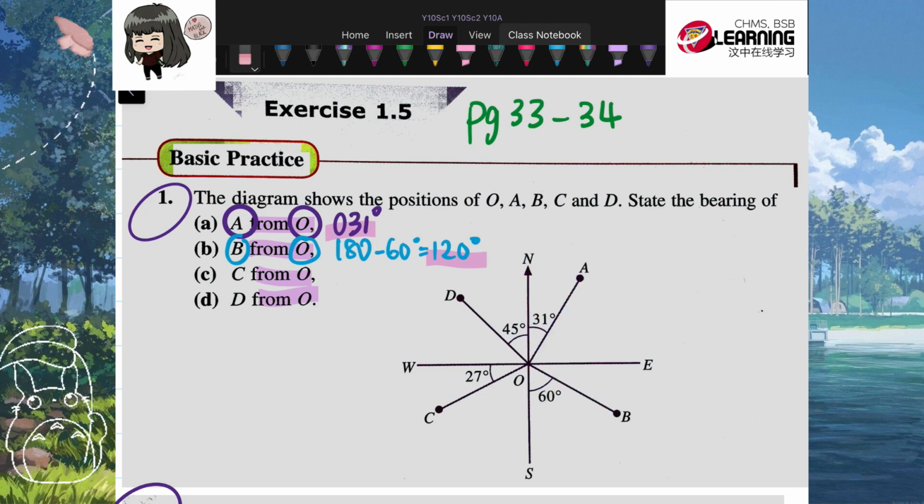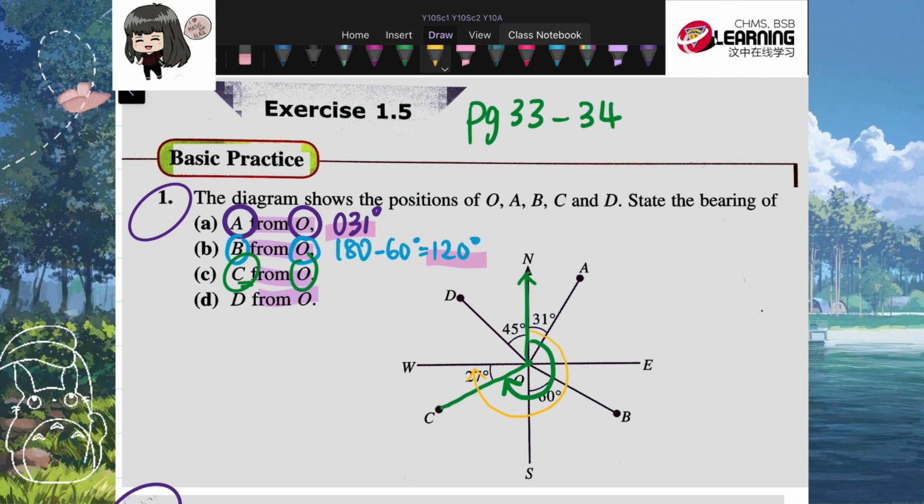Okay, now you look at the third one. C from O. Also from O, form a north, and then C, you go to C, draw a connecting line. Okay, and then it's from north, go all clockwise all the way like this. Okay, so what you have here is, you know that this whole thing until here is 270.